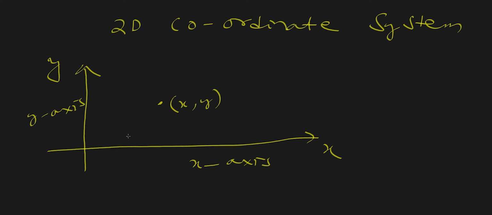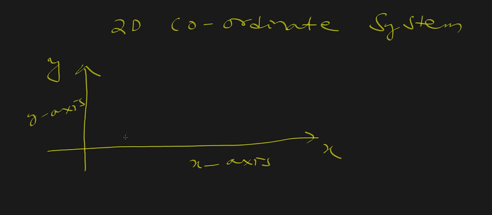For example, the point 3, 2 means we move 3 units along the x-axis and 2 units along the y-axis.